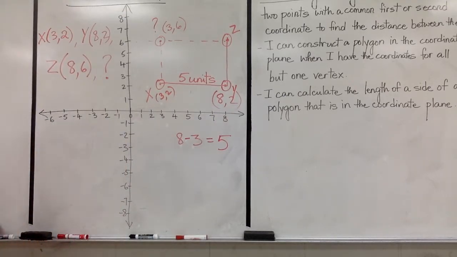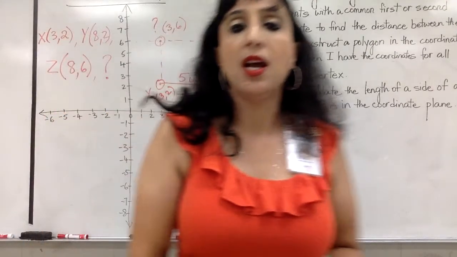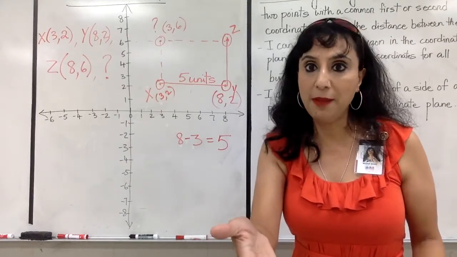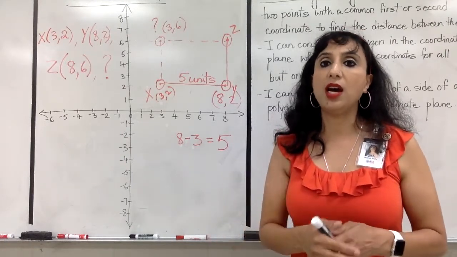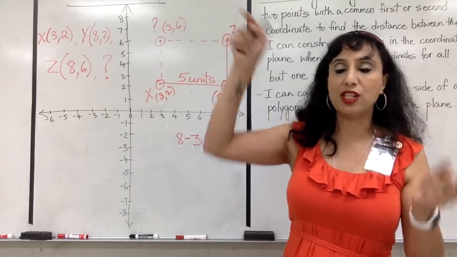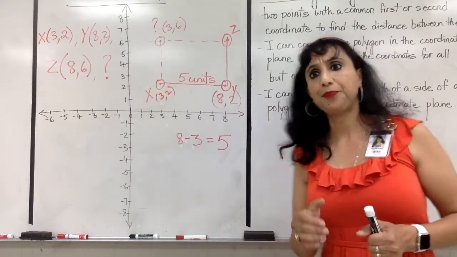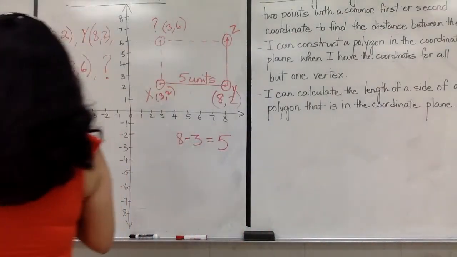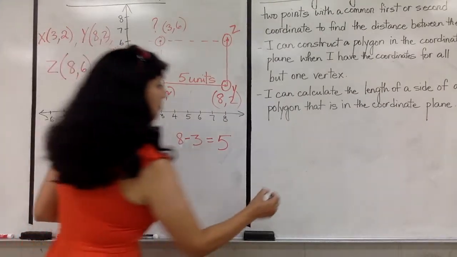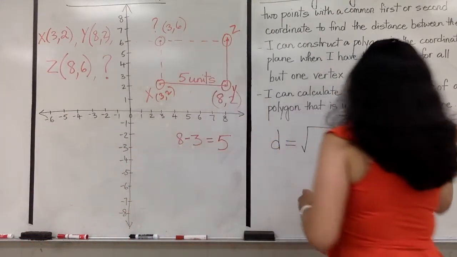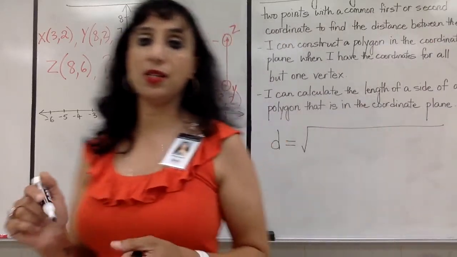My students also like to know or learn, and I know this is higher math, but I always throw out the formula for them, which they will use later on, maybe 8th grade, to find not only this distance, but also when you have a slope, that distance also. And there is a formula for that. So if I write out distance is equal to square root, okay, it's a square root.